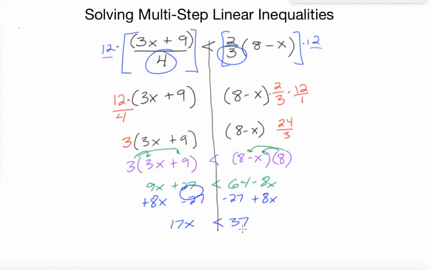Now I've just got one more step. Let's divide both sides by 17. And we see that x has to be less than 37 divided by 17. 17 goes into 37 two times. 17 times 2 is 34, with a remainder of 3, so I can rewrite that as x is less than 2 and 3/17.